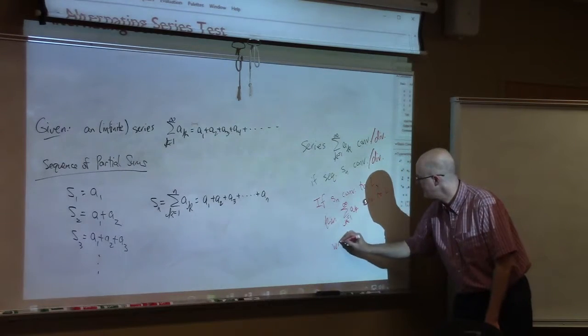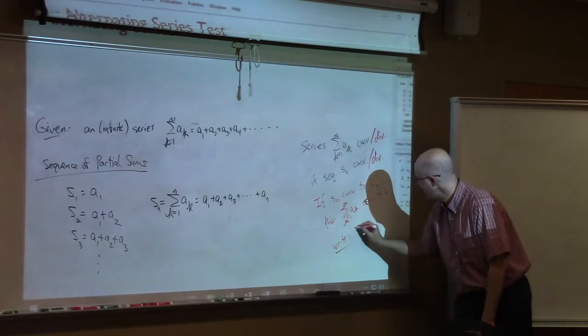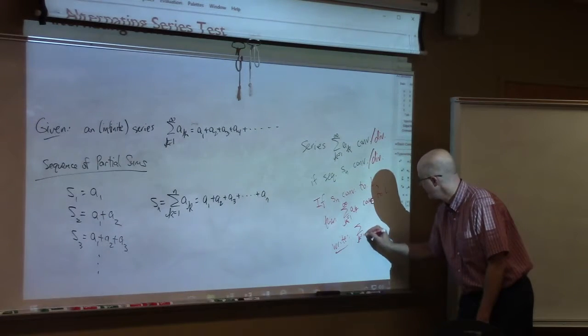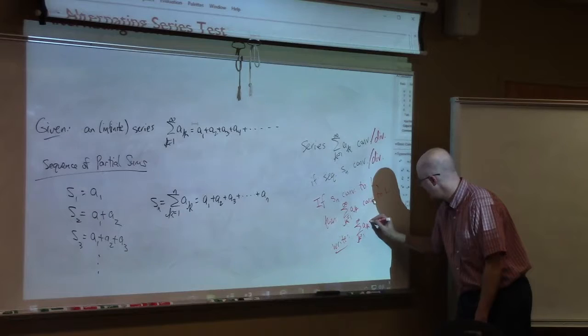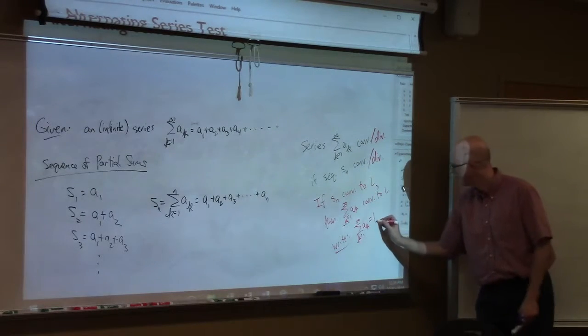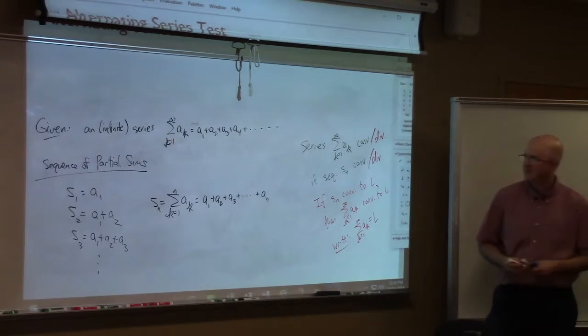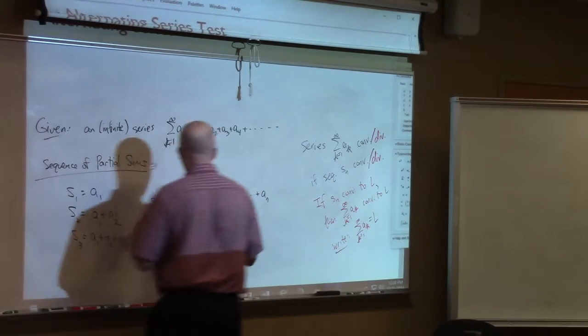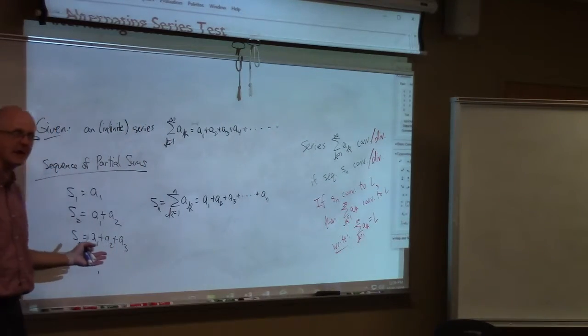And we write that the series actually equals L as if we had added up infinitely many things, even though we did not literally do that. We are literally thinking about adding up finitely many things with these partial sums.